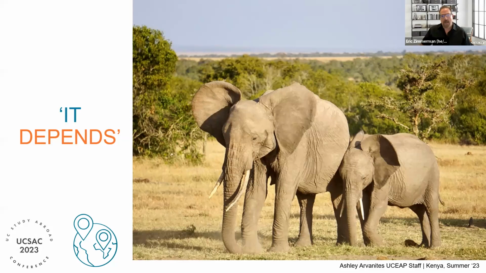This is all to say, as you already know as academic advisors, the most common answer to higher education questions is also often, it just depends. Therefore, we will spend the majority of this presentation reviewing the UCEAP, UC campus, and host institution resources available to support you and your students as they choose their own study abroad adventure.